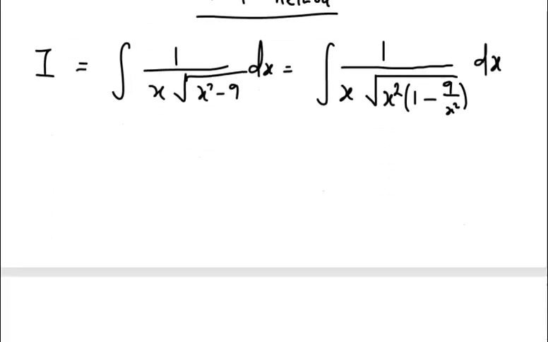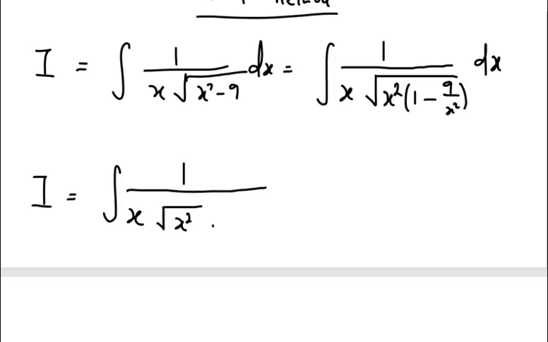So from here, we're going to have the following. Our I is equal to the integral of 1 all over. So here we have x, right? We have x here. And then there's something really cool about this place, right? Remember that is same as square root of x squared multiplied by the square root of 1 minus, now 9 over x squared is same as 3 over x whole squared.